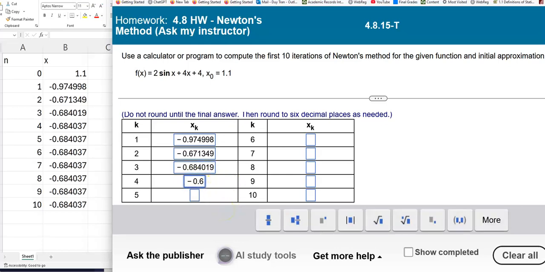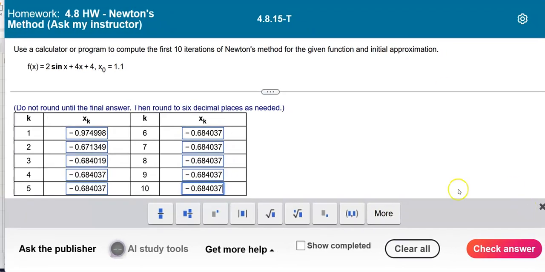X sub 4: 0.684037. And then 0.684037, and I think the rest are the same. So I'm just going to copy it: same thing here, here, here, and here. So that is the answer for this question.